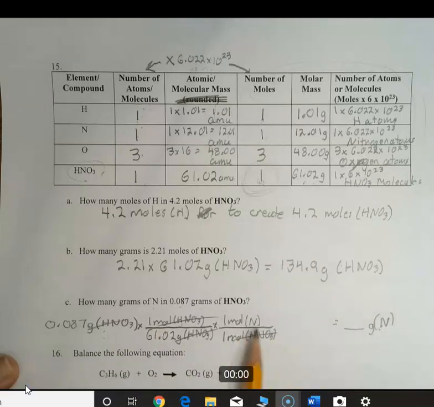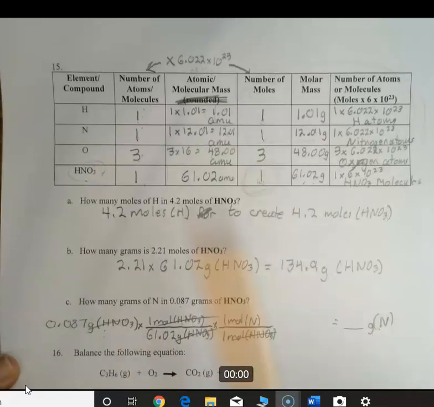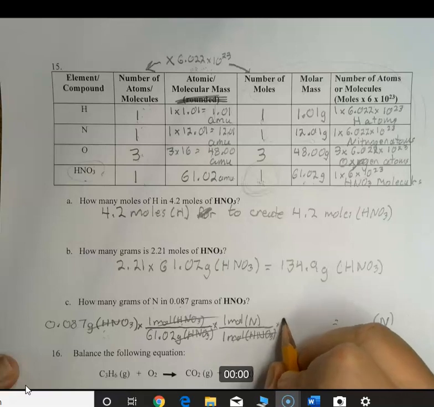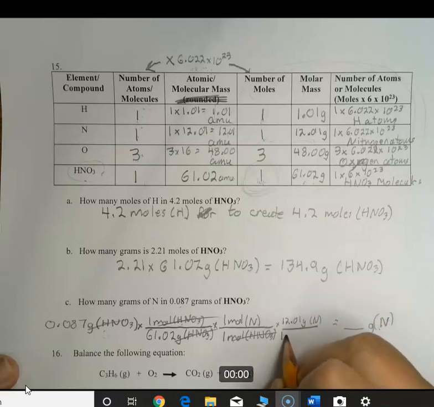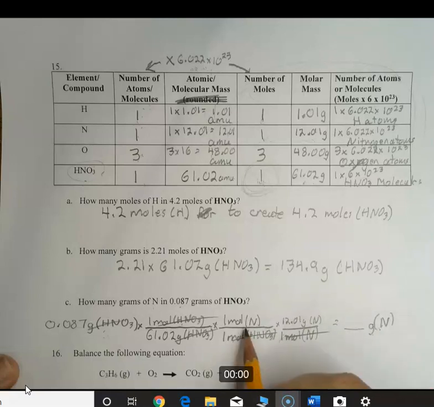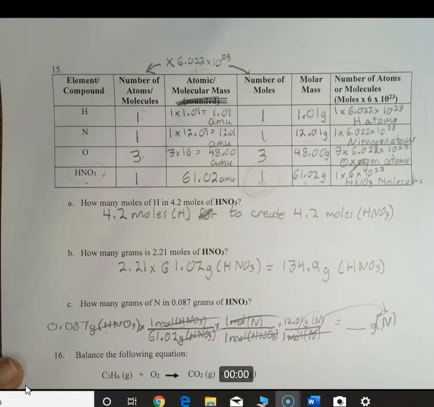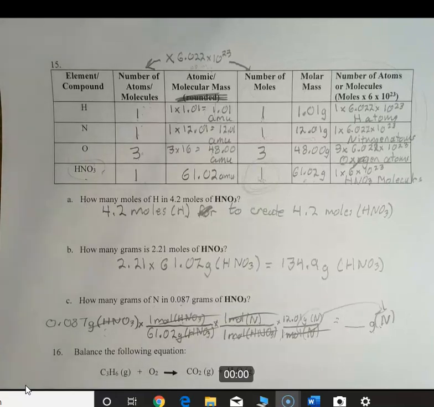And now we need to get from moles of nitrogen to grams of nitrogen. So times 12.01 grams of nitrogen for every 1 mole of nitrogen. Moles of nitrogen cancels. The last man standing is grams of nitrogen. Haven't heard that expression in a long time.